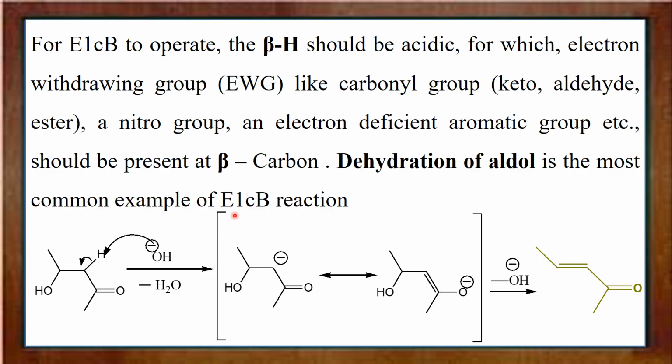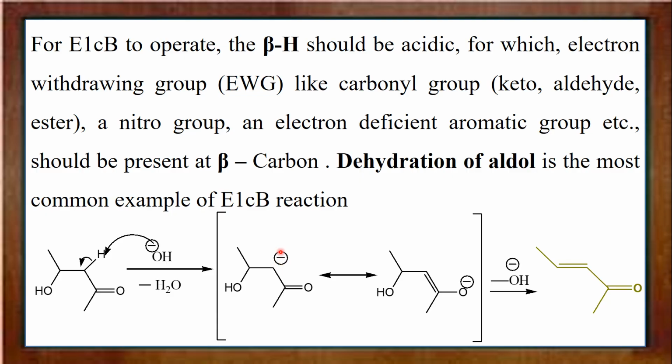The most common example for the E1CB mechanism is dehydration of aldol. This is an aldol. Beta hydroxy carbonyl compounds are called aldol compounds. On treatment with a base, the acidic hydrogen is removed.